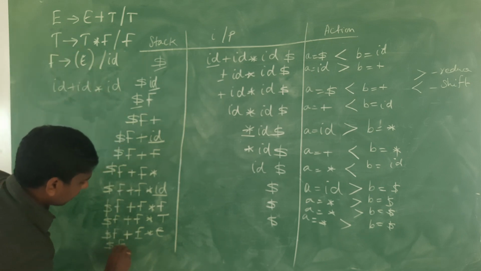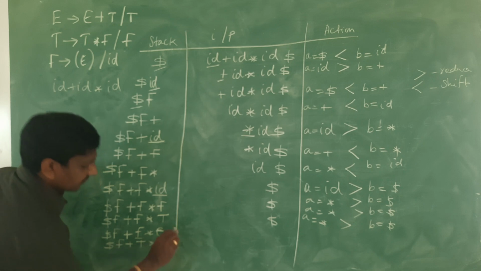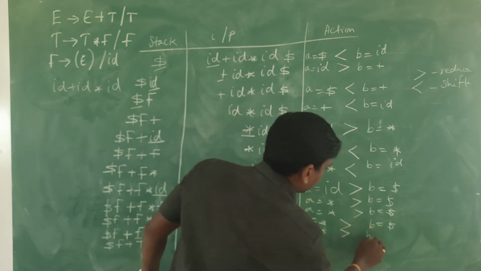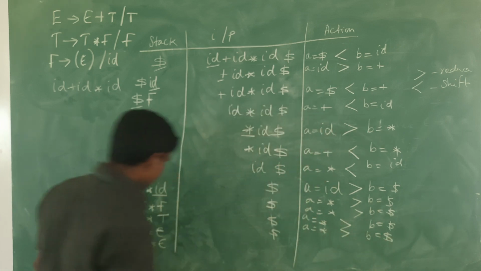So dollar f plus T star E dollar. Similarly, a equal to star and b equal to dollar. Again you have to check the handle.